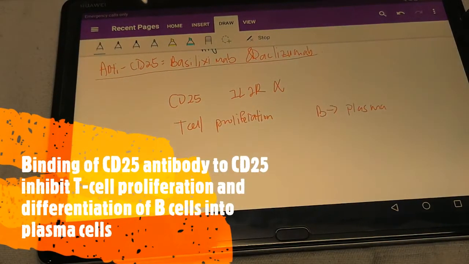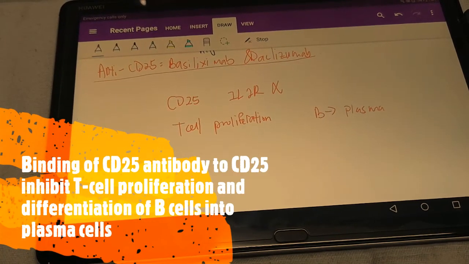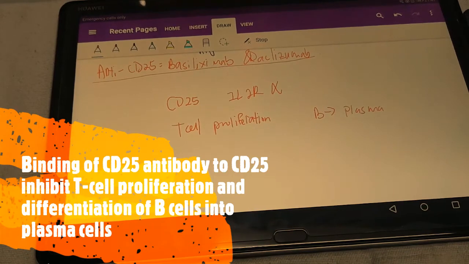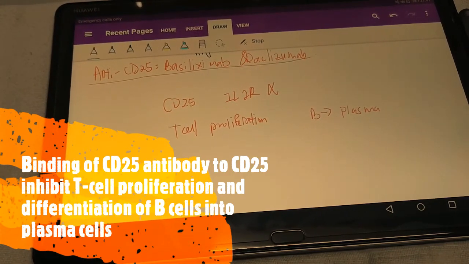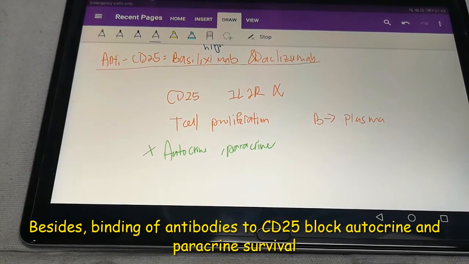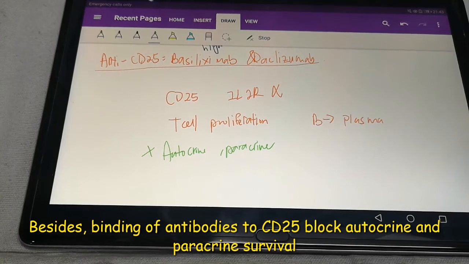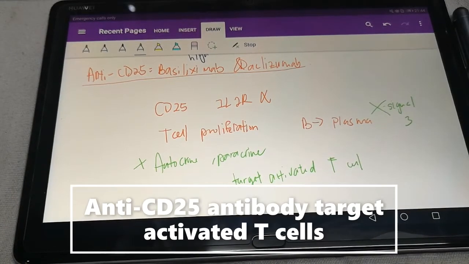Binding of the anti-CD25 monoclonal antibody to CD25 inhibits T cell proliferation and differentiation of B cells into plasma cells. Binding of the anti-CD25 antibody to CD25 blocks autocrine and paracrine survival.